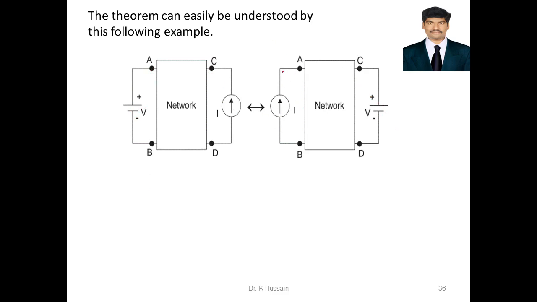This is the previous case, where the voltage source was between A and B. In this branch we find the current, and this current and the previous current should be the same.